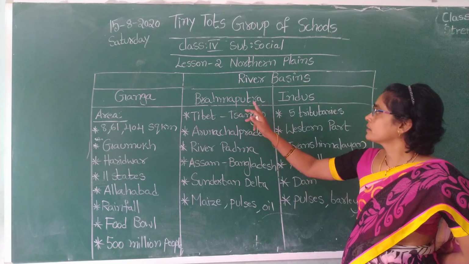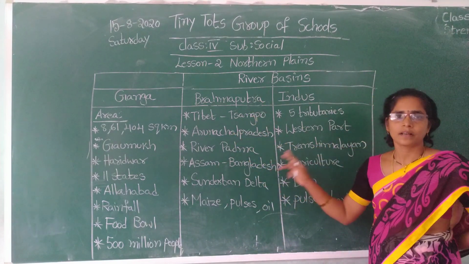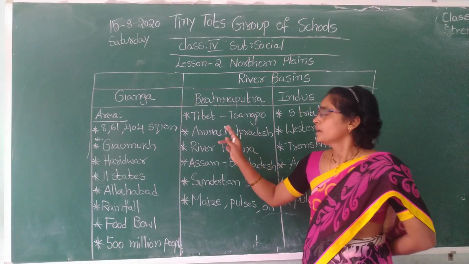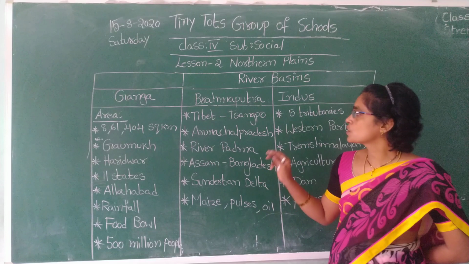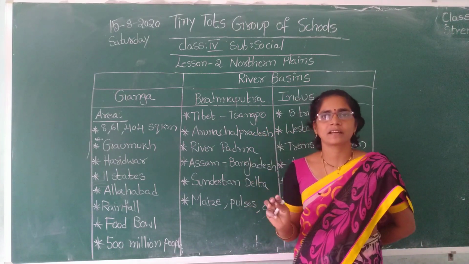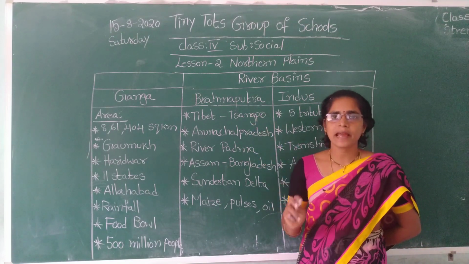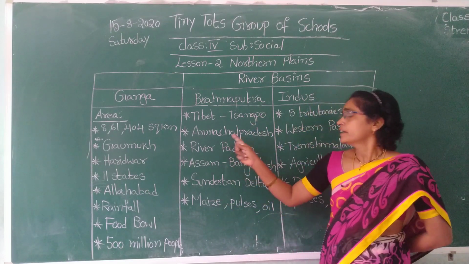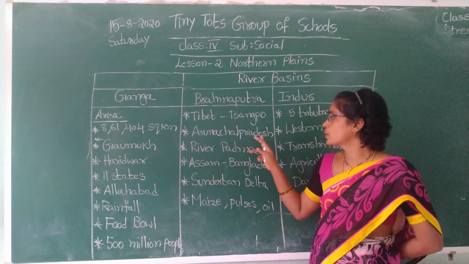And the second one, Brahmaputra river basin. Brahmaputra River originates in Tibet and it is also called the Sangpo River. We are not calling it Brahmaputra in Tibet; we are calling it the Sangpo River. And it is coming to India through Arunachal Pradesh.